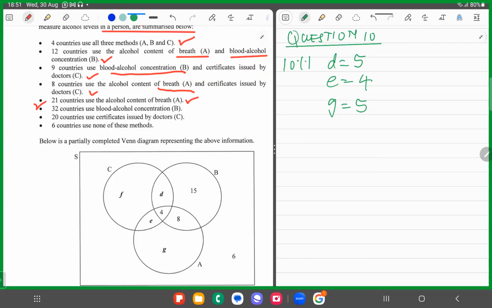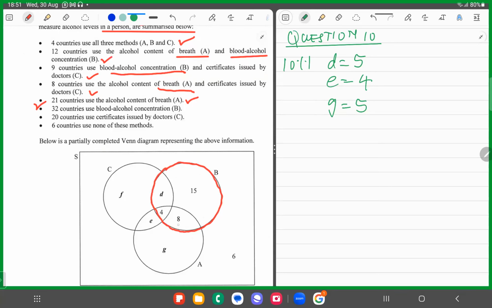32 countries use blood alcohol concentration B. So everything in B must be 32.